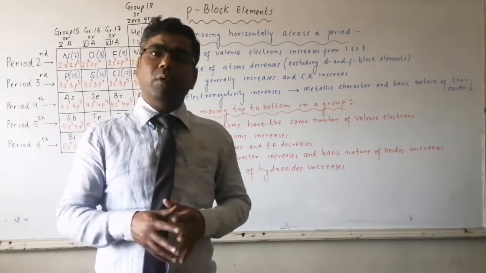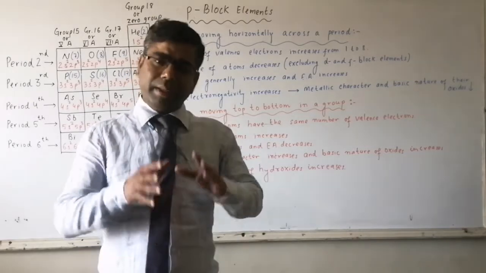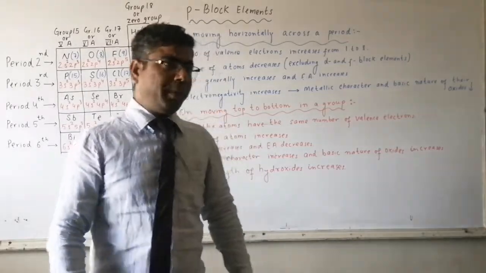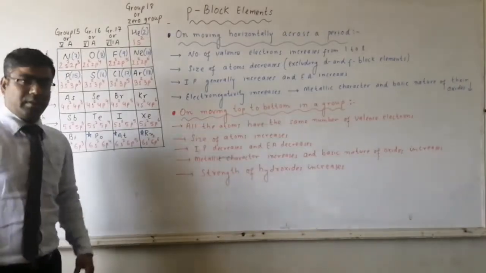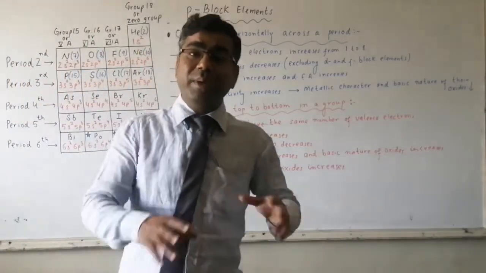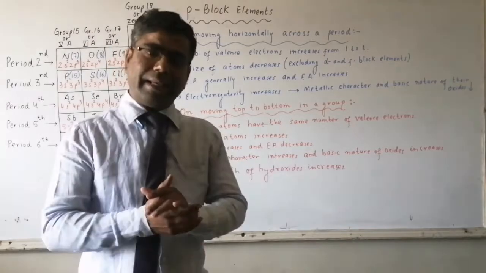Although it is not forming compounds in nature, but it is possible in laboratory to prepare compounds of xenon. That's why the tag inert gases has been removed. So they are called noble gases.